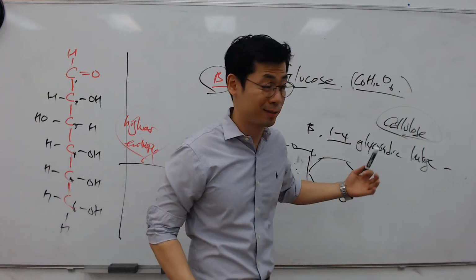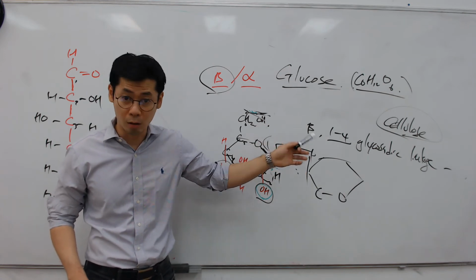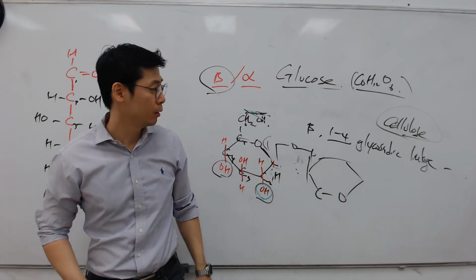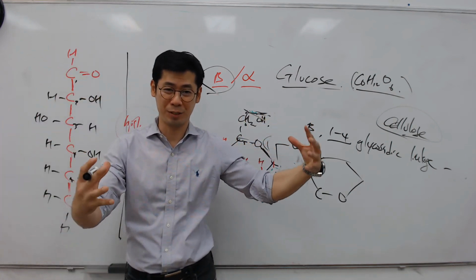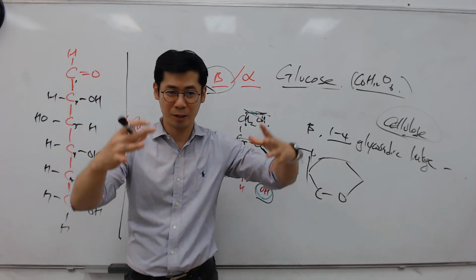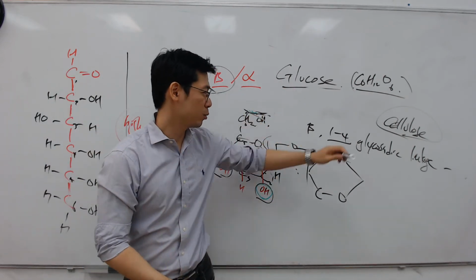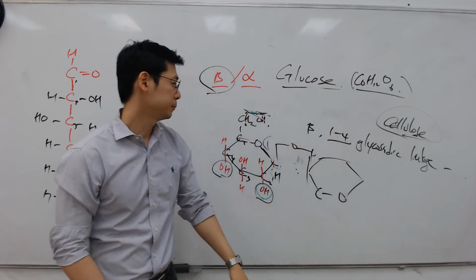So cellulose is the source of the cell wall for the plant, and the heavy bulk of the trees. If you look at trees, they're tough because they have a lot of cellulose built up.